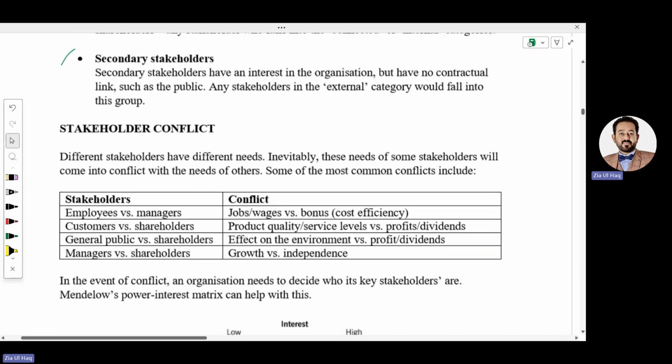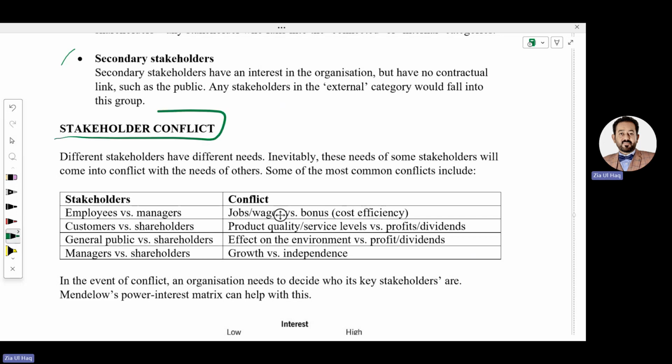Now, while making a decision, management needs to consider the best of all stakeholders. But it's not that easy. While considering the best of one stakeholder, you might be affecting the best of another stakeholder. If one stakeholder's best is affecting another stakeholder's best, this will be called stakeholder conflict. If shareholders want more return, how can you provide them more return? Through high profitability. How can you generate high profitability? By increasing selling price.